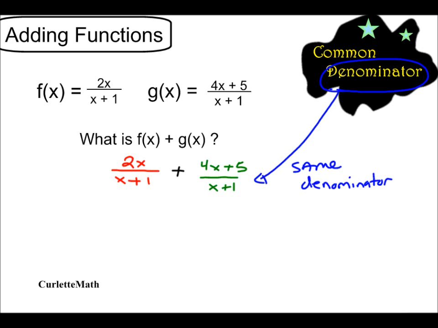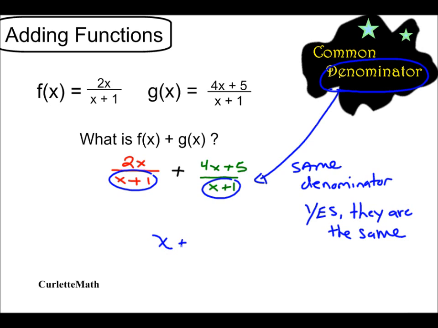Okay, so we need to look at that. x plus 1 and x plus 1, yes, they are the same. So this is going to make our problem very nice and easy because all we have to do is write down that x plus 1 one time, take our operation, which is plus, and take 2x for our f of x function and 4x plus 5 for the g of x function.